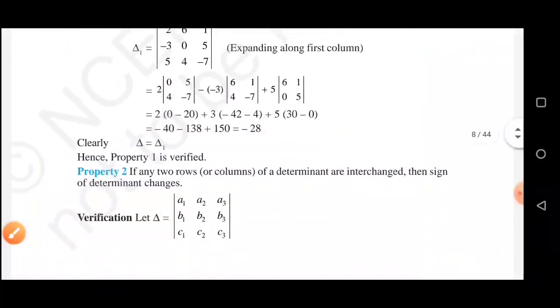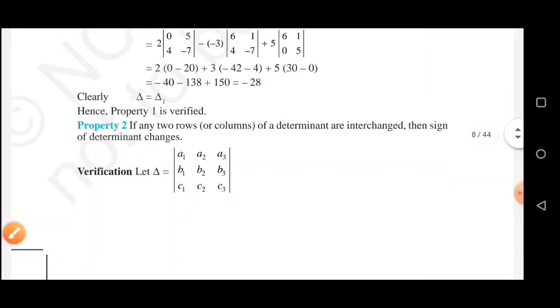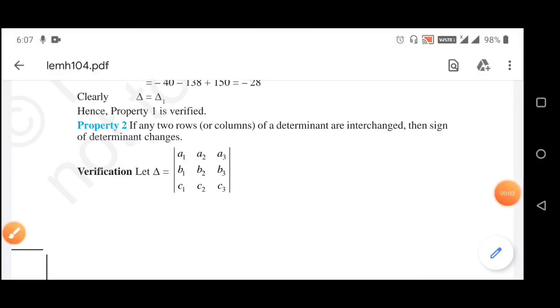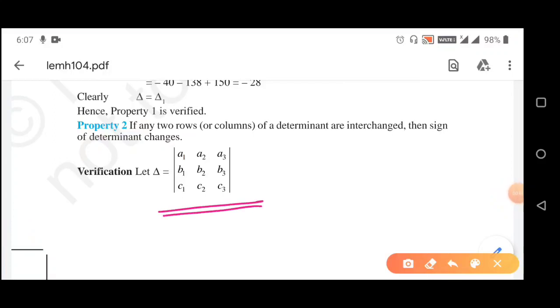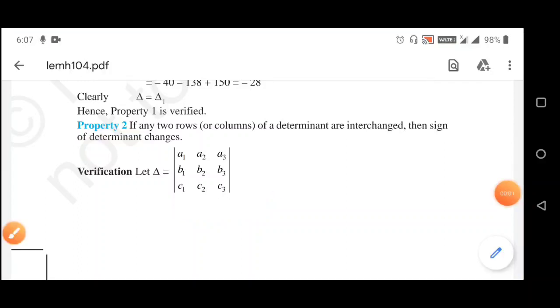Now let us move to property 2. In property 2, it is given that if any two rows or columns of a determinant are interchanged, then the sign of the determinant changes. That means suppose this is given, and if we interchange any two rows or any two columns here, then the sign of the determinant changes.